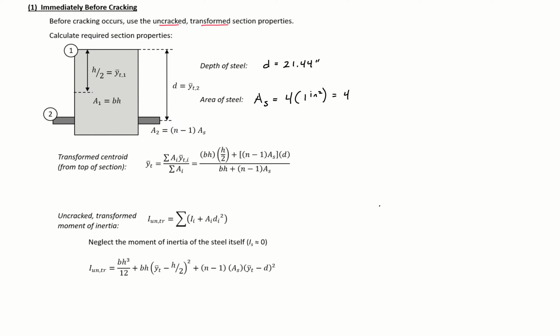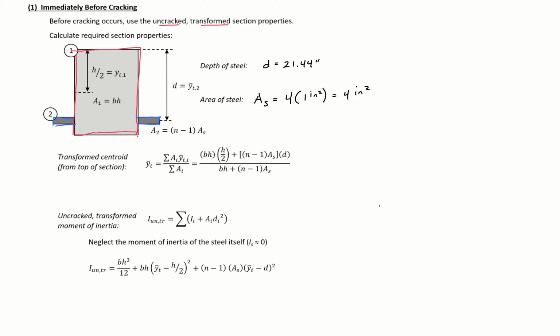So we'll get 4 square inches as our area of steel. We can then break our section up into a number of different areas to find our transformed centroid. So we'll have our concrete section, and then we'll have our transformed steel section as our 2 different areas.